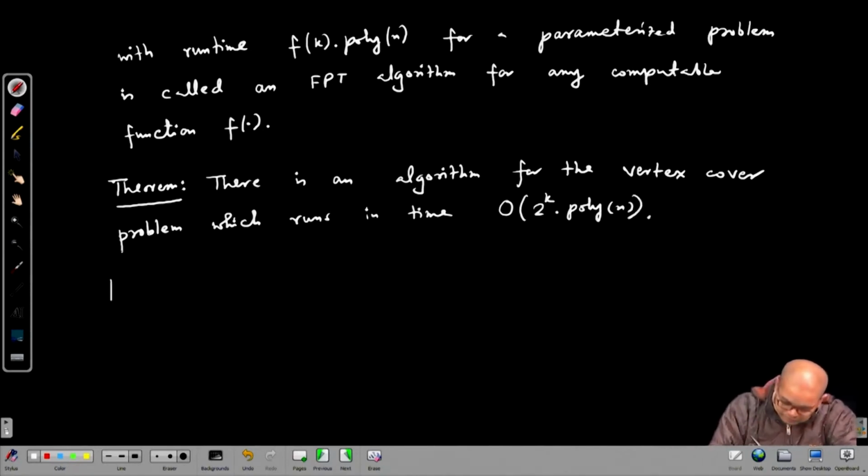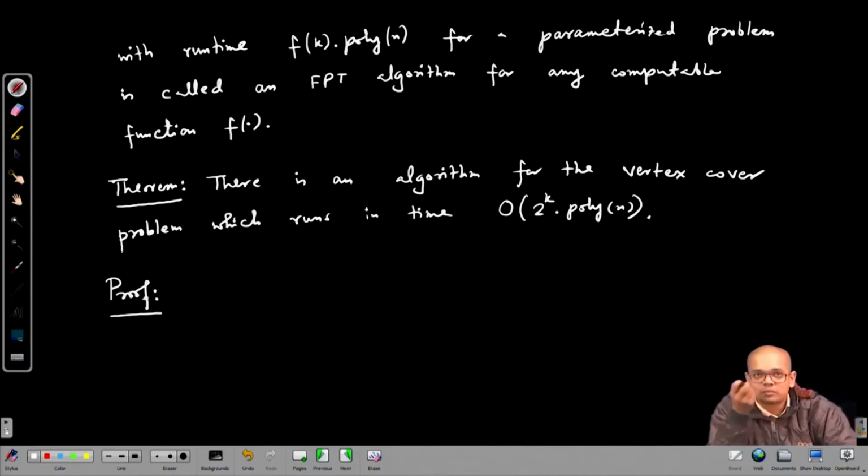So what is the algorithm? Proof. It's a search tree based algorithm.